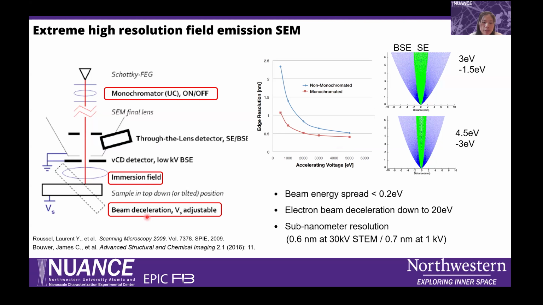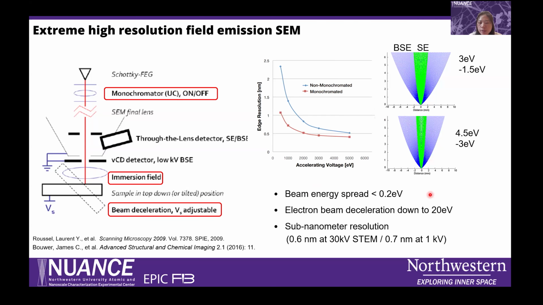The third one is beam deceleration. We apply a bias to the stage and reduce the landing energy of the electrons hitting the surface material. This shows that with the same landing energy of 1.5 keV, the higher the bias we apply, the more confined secondary electrons and backscattered electrons can be achieved.